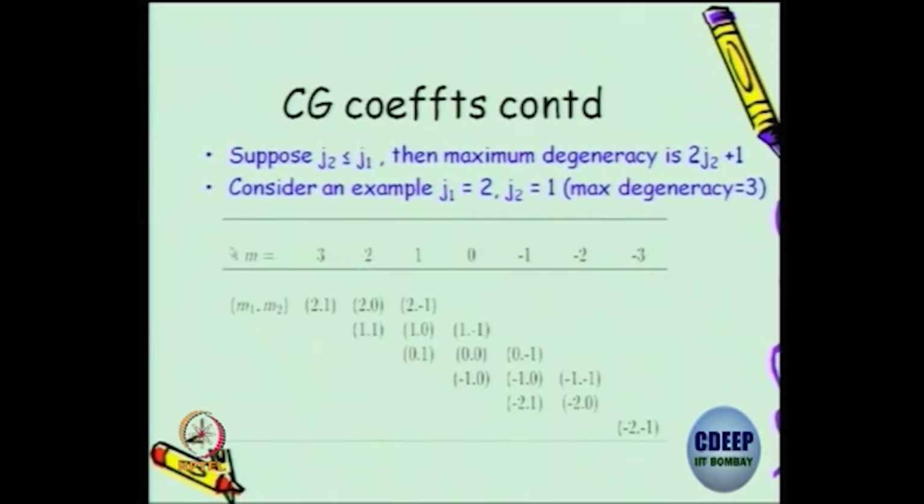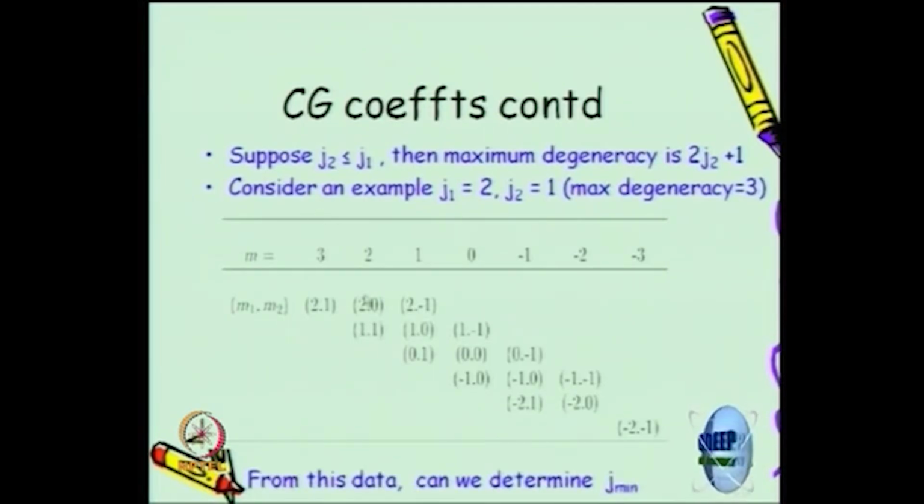If you take M equal to 2, there are two possibilities. You can put M1 to be 2 and M2 to be 0, or the other way round. If you go to M equal to 1, you should remember that M2 will take values from minus 1, 0 and plus 1, and M1 will take values from minus 2, minus 1, 0, plus 1 and 2.